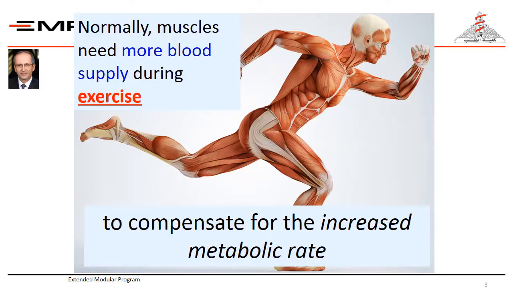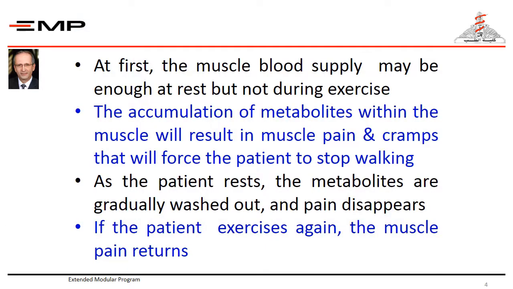Normally, muscles need more blood supply during exercise to compensate for the increased metabolic rate. With gradual arterial stenosis, the blood flow may be enough at rest, so the patient will not complain.